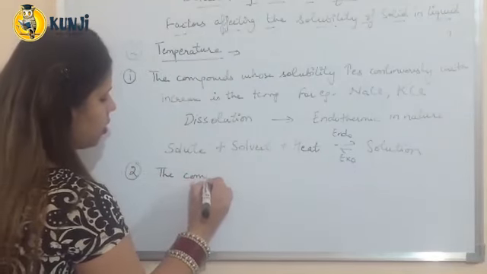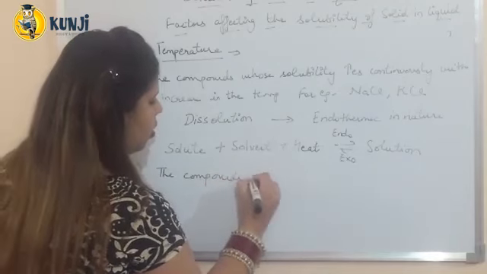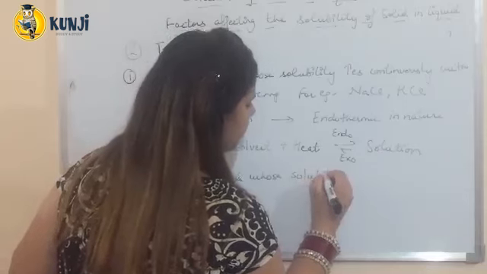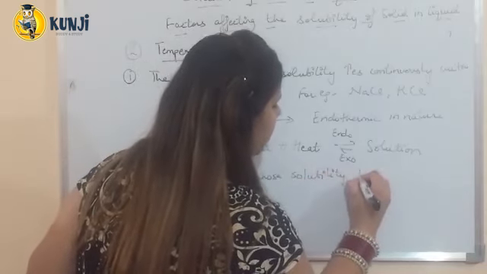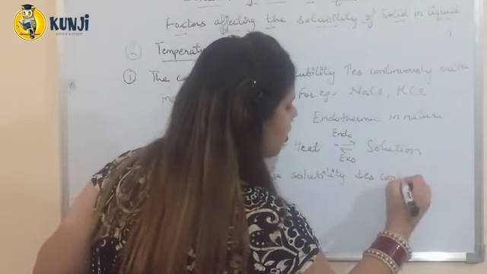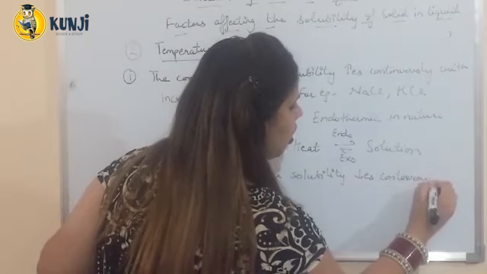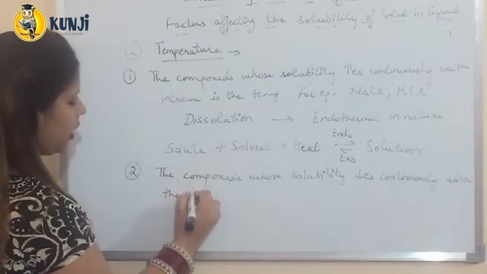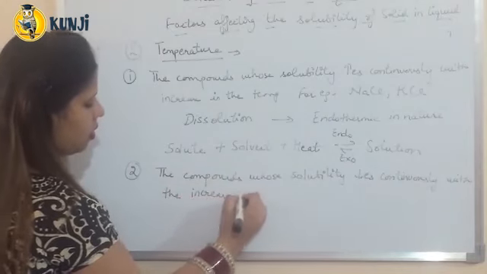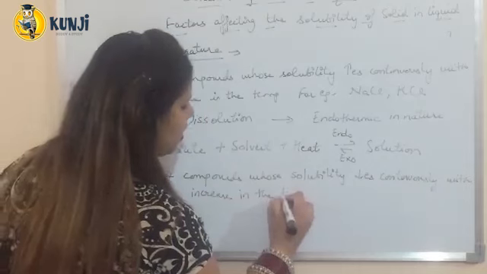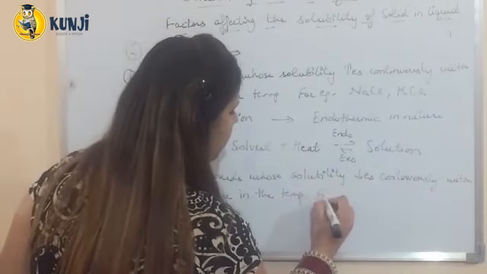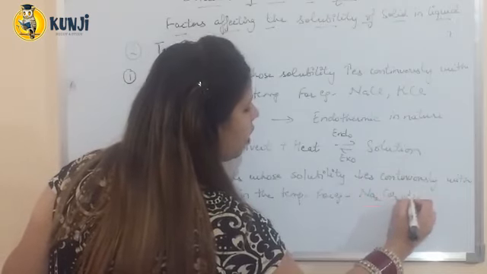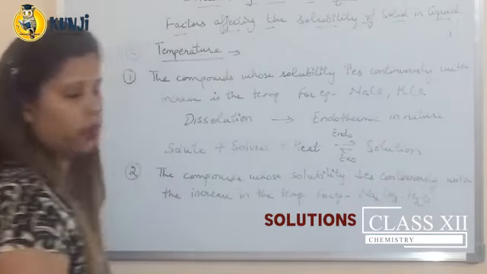And the second is the compounds whose solubility decreases continuously with the increase in the temperature. For example, Na2CO3.H2O.